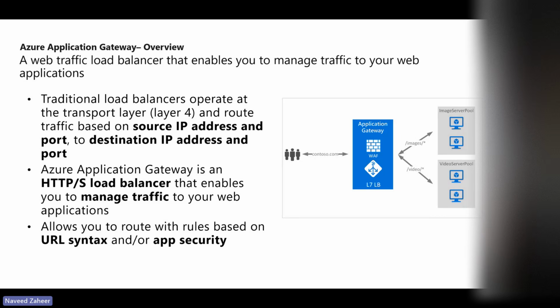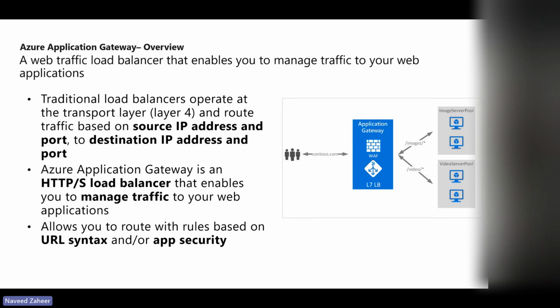So basically, when you deploy it, behind the scenes there are VMs that are spun up and have the app gateway software installed, and they do load balancing. It has web application firewall with it as well, if you want to enable that feature.